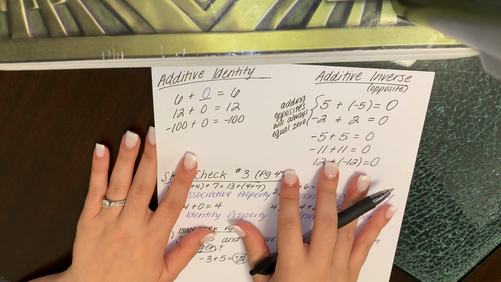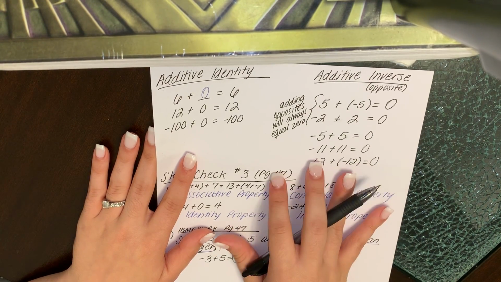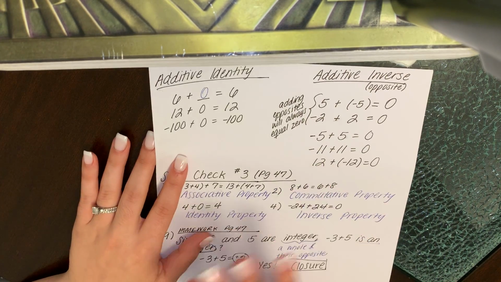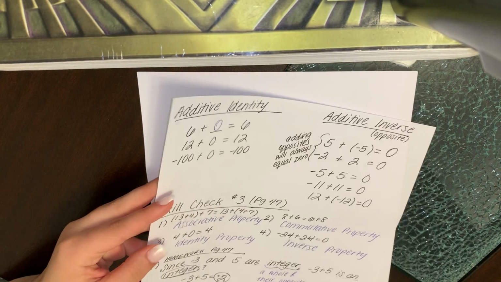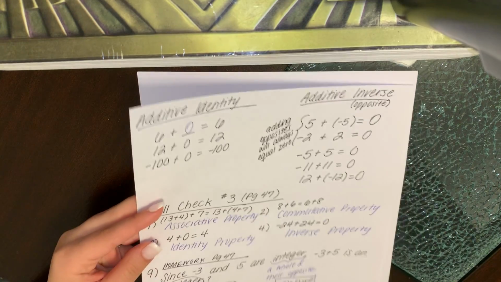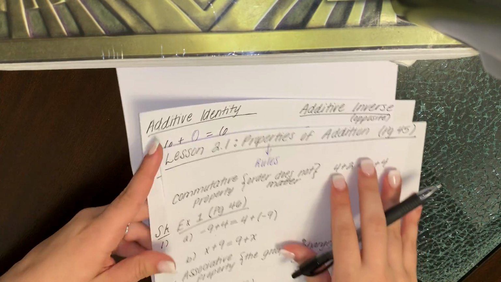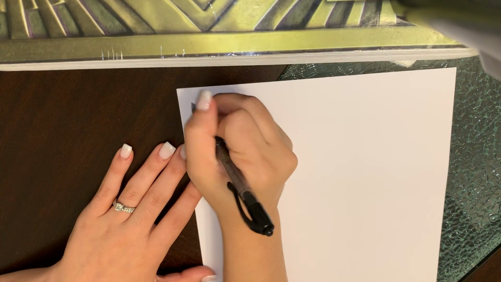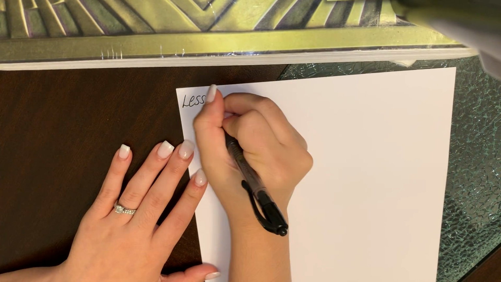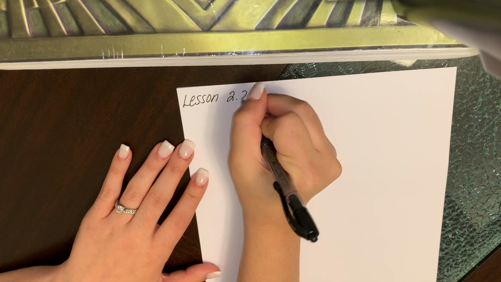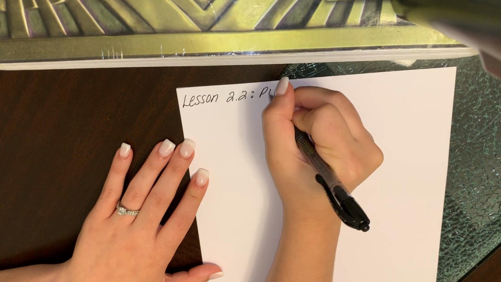Now, since we did all the addition and additive properties, I'm going to go very quickly through the multiplication one, which is actually lesson 2.2. So lesson 2.1 was about properties of addition. Lesson 2.2 is about the properties of multiplication.